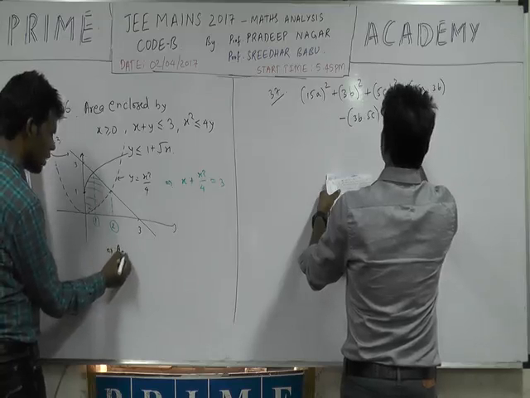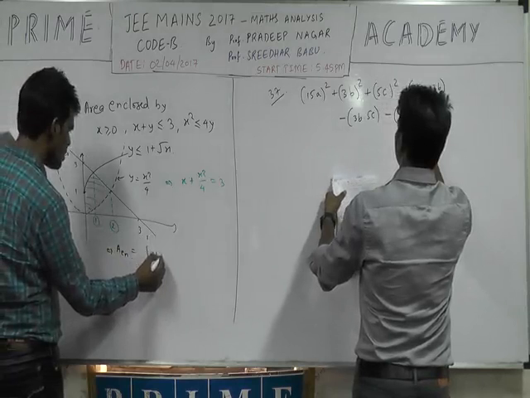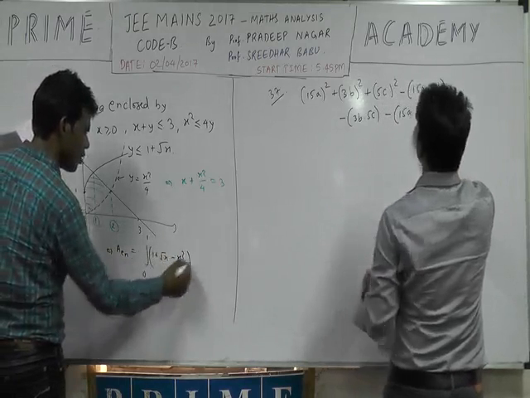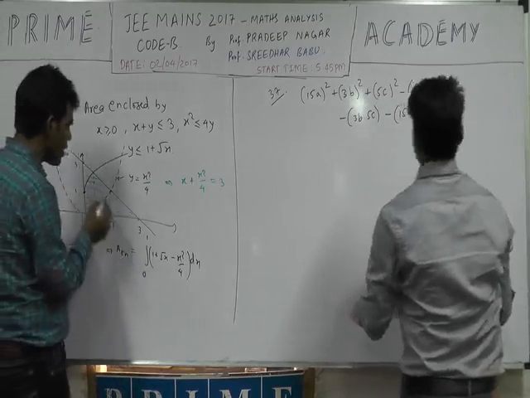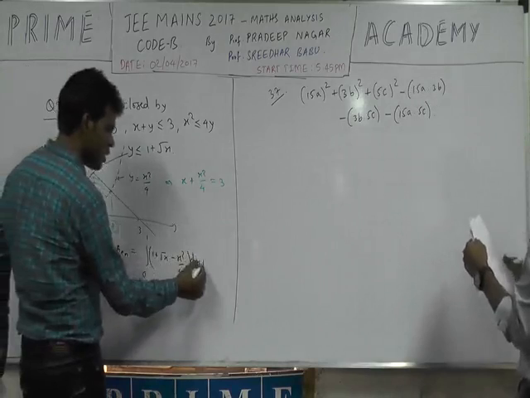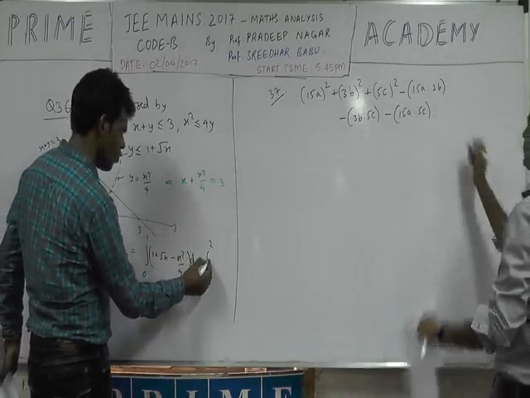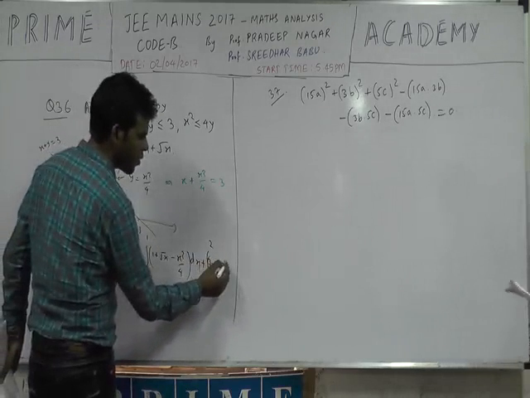This area should be the integral from 0 to 1 of 1 plus root x minus x square by 4 dx, minus this particular boundary, and in this particular portion it is from 1 to 2, this boundary which is 3 minus x square by 4.